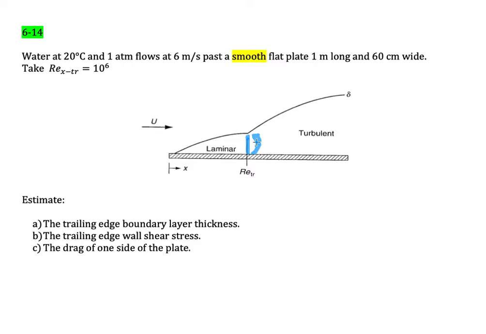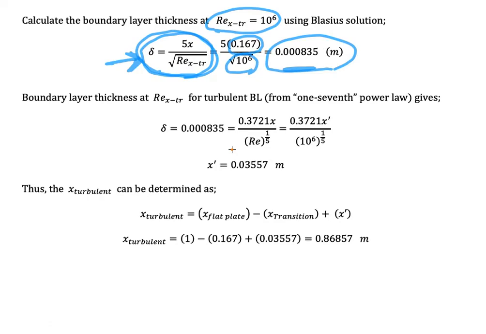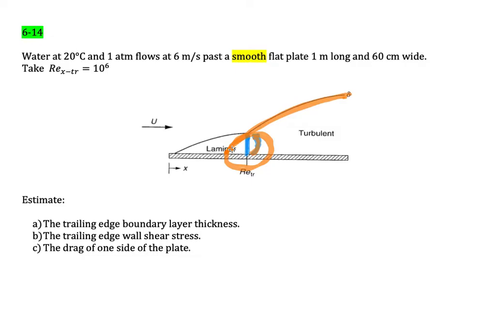This value is the boundary layer thickness at this location, at this point. The turbulent boundary layer here will become like this. This thickness is also shared by the turbulent boundary layer, so we could calculate the distance of x here by using the thickness of this boundary layer.